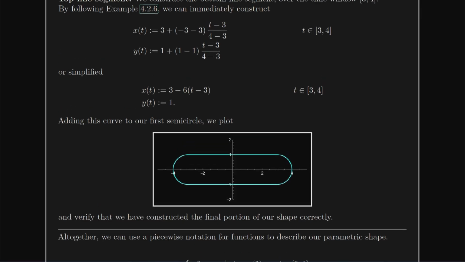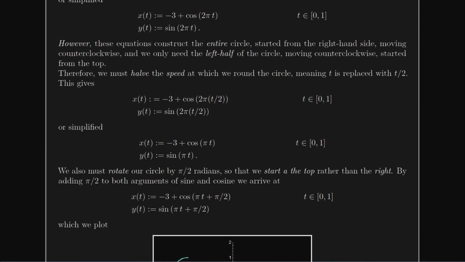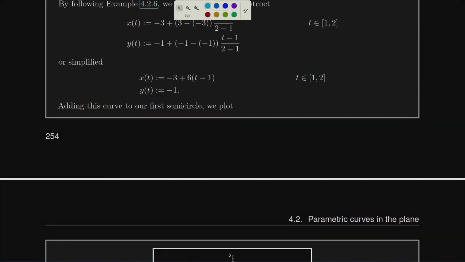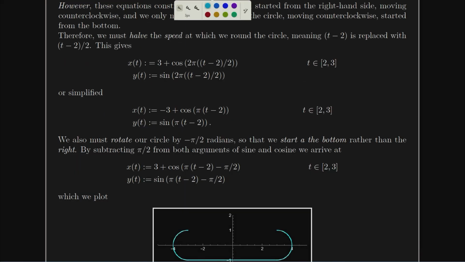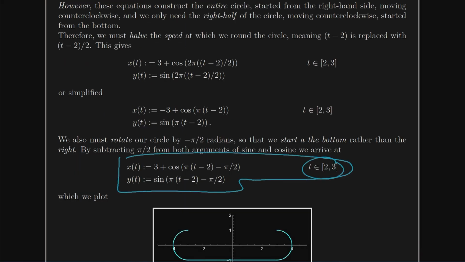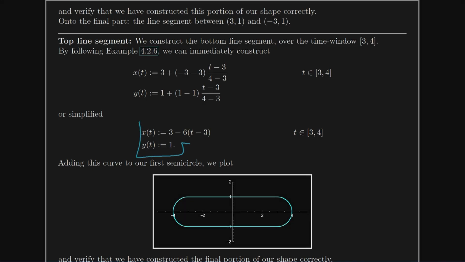So how do I combine all 4 of these steps together? Well, I'm just going to use a piecewise function, and I'm going to include this definition over the piecewise term t in [0, 1]. I'm going to include this definition over the piecewise term t in [1, 2]. This definition over the time window t in [2, 3], and finally I'm going to include this definition over the piecewise time interval t in [3, 4].